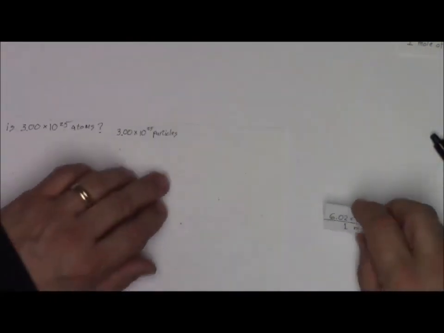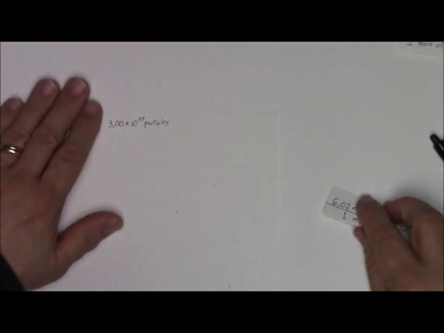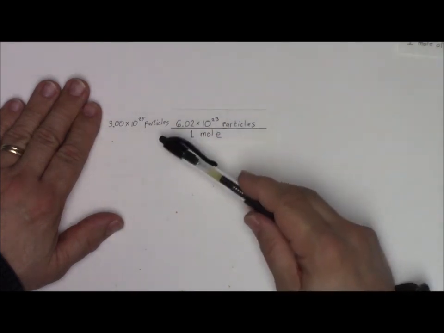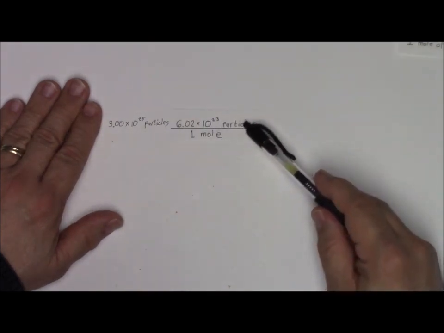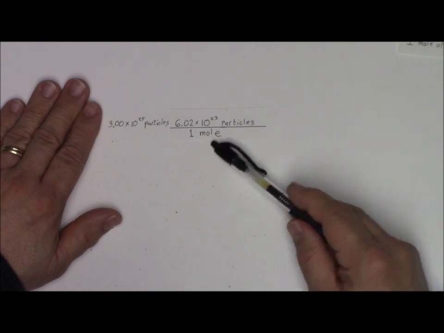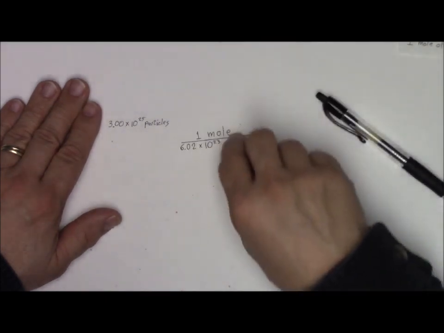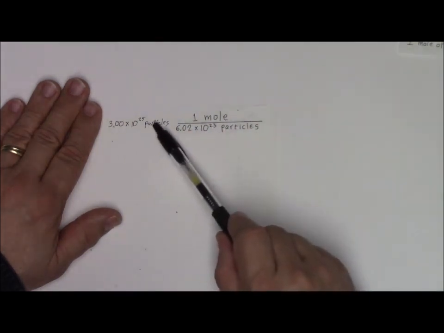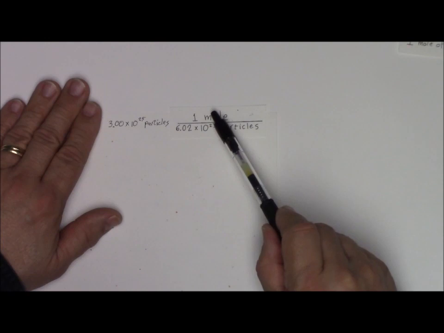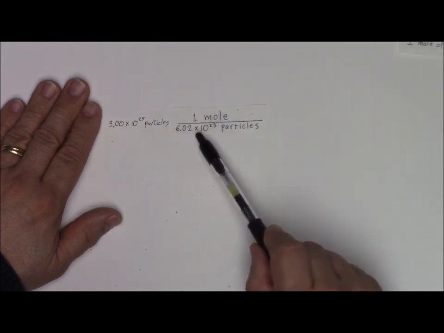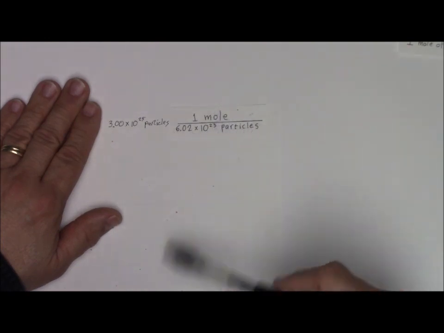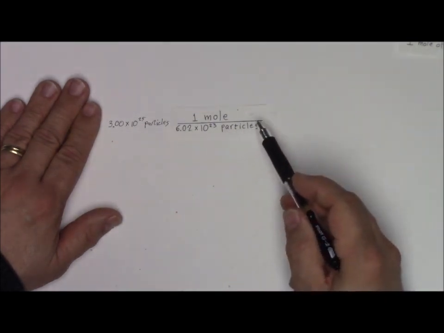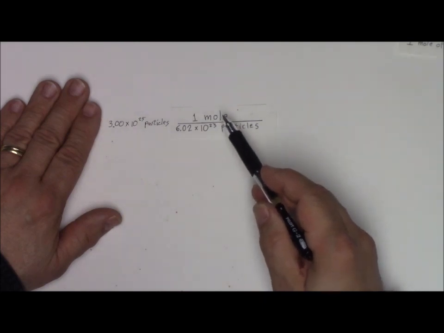Now, can I multiply that by some conversion factor? Well, let's try looking at this one. If I multiply particles by particles, that doesn't really do me any good, and I don't get rid of particles that way. So what if I flip this over, and multiply this many particles times the conversion factor 1 mole per 6.02 times 10 to the 23rd particles? You can see that particles here will cancel with particles in the denominator, and the units I'll have are moles.